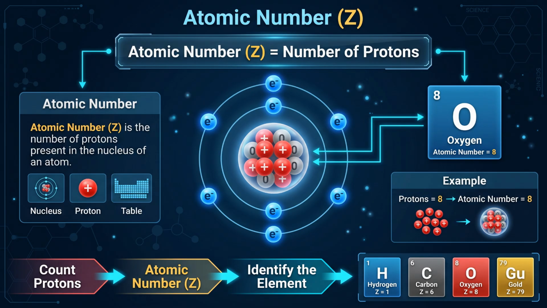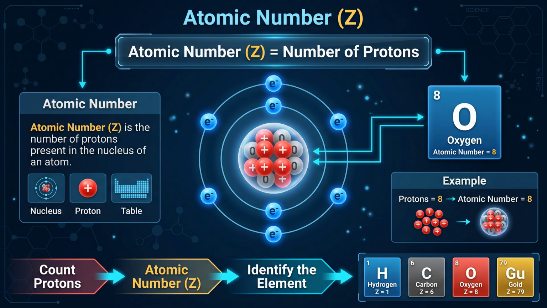Therefore, if an oxygen atom has 8 protons, it must also have 8 electrons to remain electrically neutral. Likewise, a carbon atom with 6 protons has 6 electrons, and a hydrogen atom with 1 proton has 1 electron.